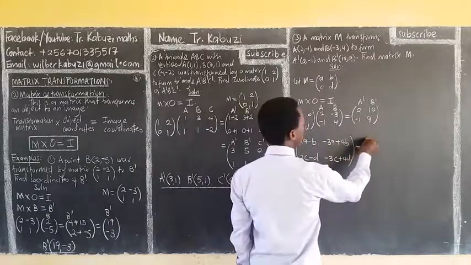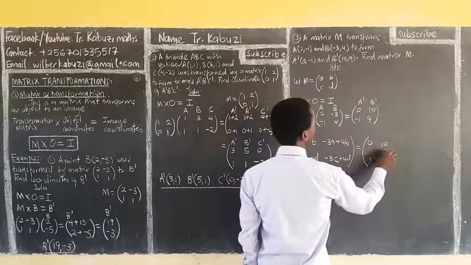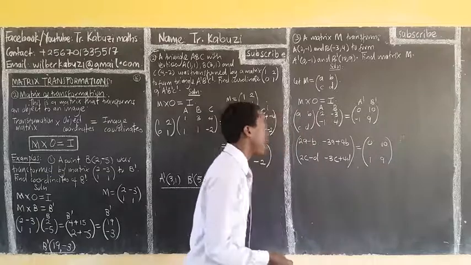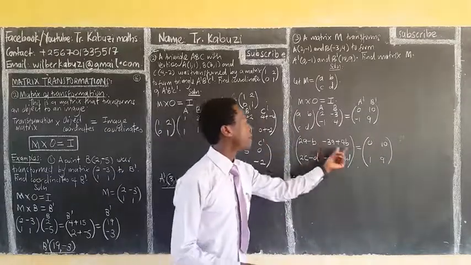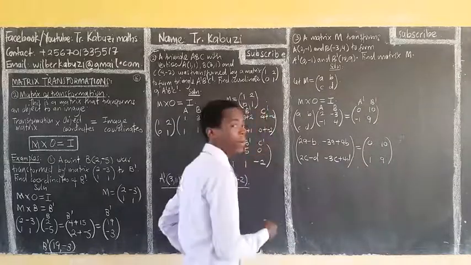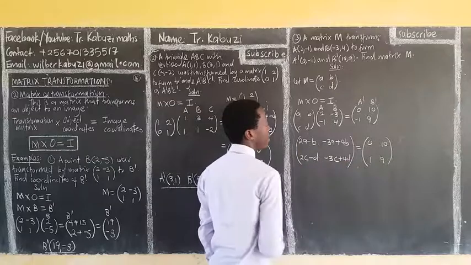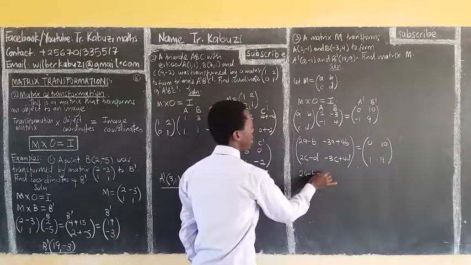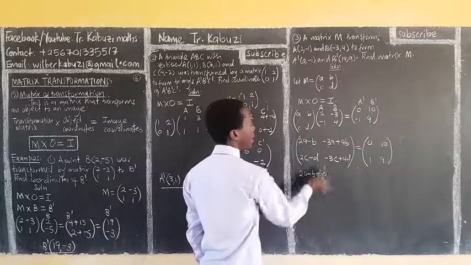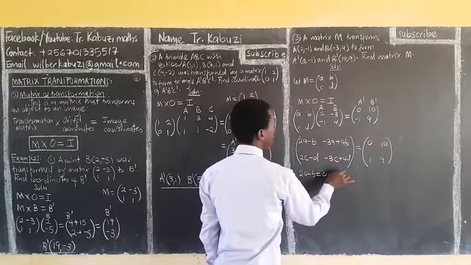Now this one is going to give us 0, 1, and 9. Now here we bring in the idea that if 2 matrices are equal, their corresponding entries are equal. So 2A minus B is going to be 0; let me call this equation 1.